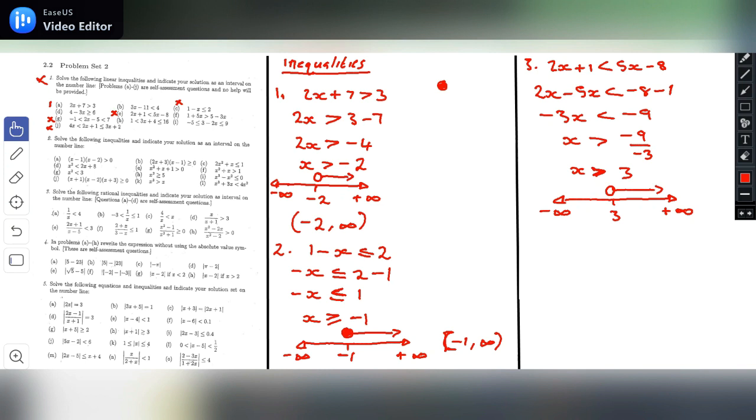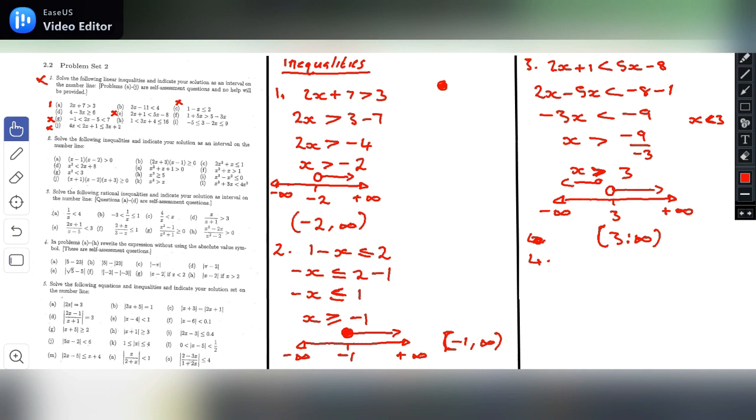And if it was x is less than 3, obviously we would go to the other side. Can you also see how the number line assists you? And this sign also assists us, guys. Therefore, our answer is an open interval, 3 to positive infinity.